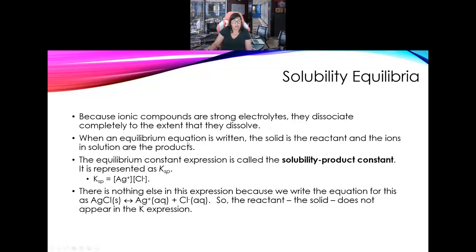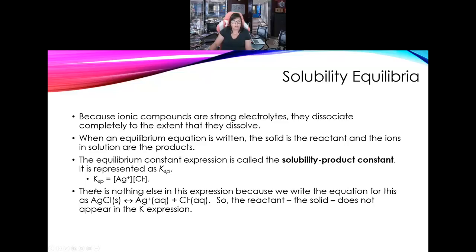When an equilibrium equation is written, the solid is the reactant, and the ions in the solution are the product. So the equilibrium constant expression called the KSP, the solubility product constant, KSP, is equal to the products, Ag+ times Cl-. It's not divided by AgCl because that's a solid. So this is the expression for KSP.